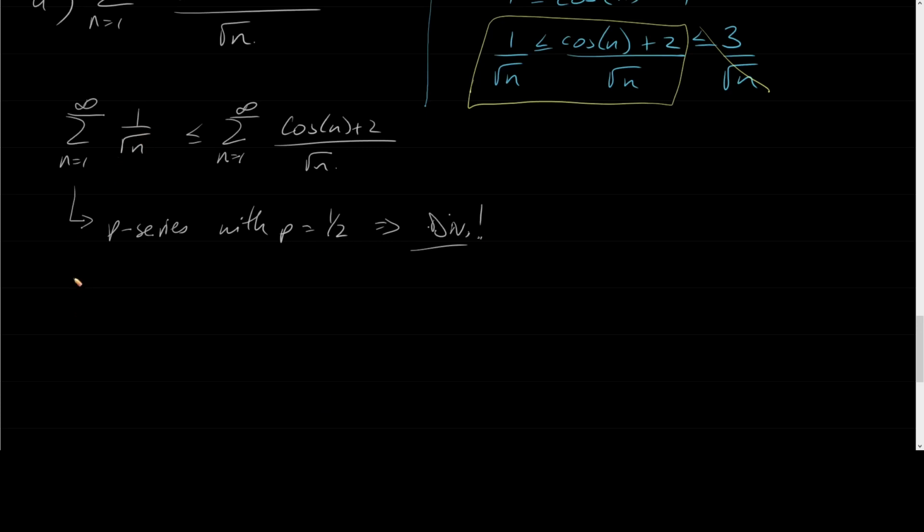So this tells us that the series we cared about, cosine of n plus 2 over radical n, diverges by direct comparison.